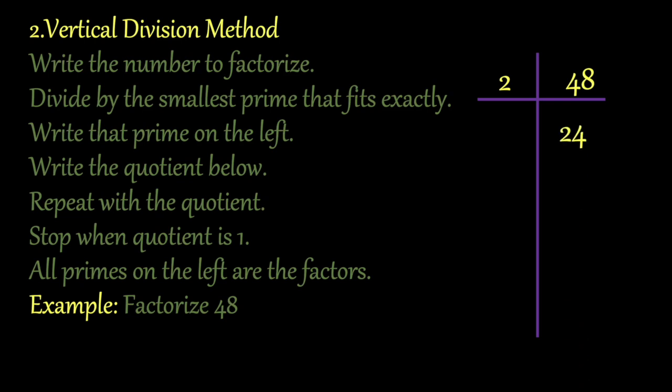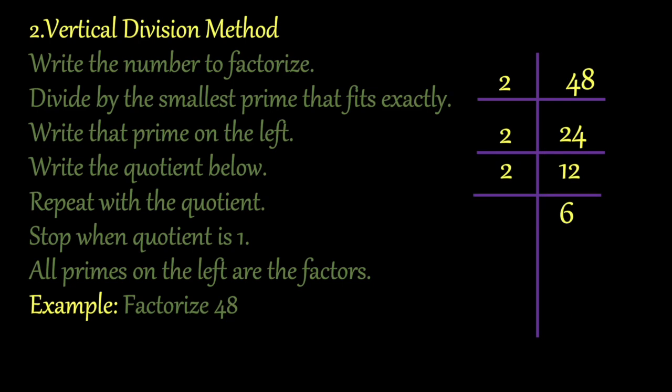Again, 24 is an even number and not a prime number, so we divide by the smallest prime number again. It can be divided by 2, and the answer will be 12. Again, 12 can be divided by 2 and the answer will be 6.